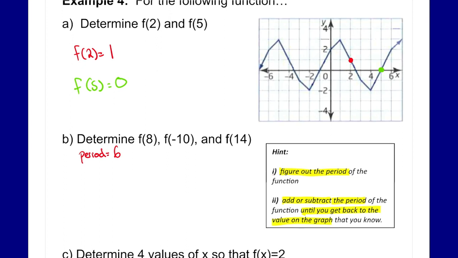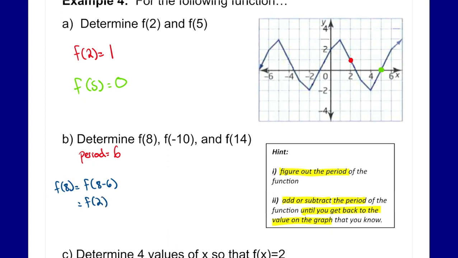If I look at my graph, I want values that end up between 7 and -7. But I have to add or subtract the period to get there. So for f at 8, that's going to be the same thing as f at 8 minus 6, or f at 2.